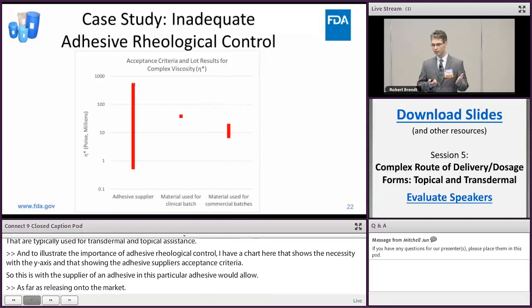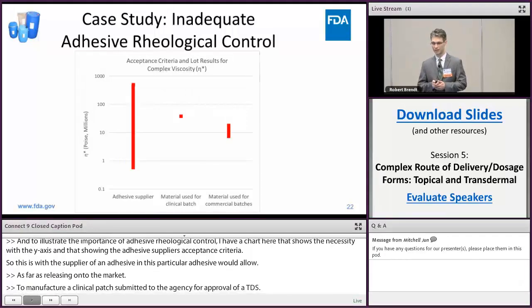And then post-approval, this is some data that was obtained for rheology or viscosity associated with the same grade of adhesive. And you can see that following marketing, the lots of adhesive used don't have the same viscosity value as the clinical batch. And for this particular application, the applicant had noted some issues with patient complaints.